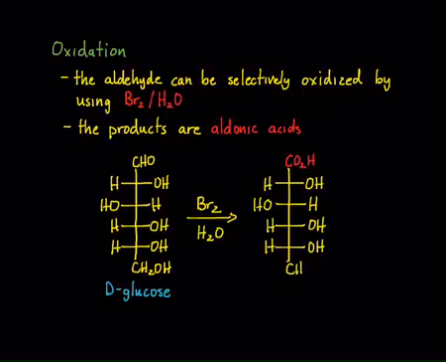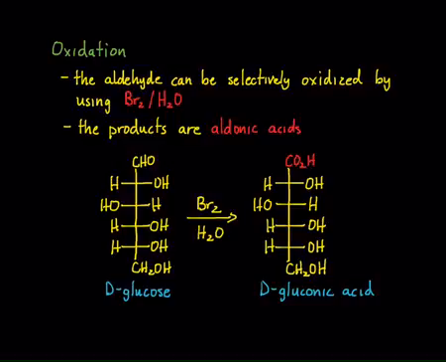Notice the aldehyde at the top is now a carboxylic acid, but all of the other alcohols remain unoxidized. And this is what we refer to as D-gluconic acid, right? So the aldonic acid, this is gluconic acid, where you have a carboxylic acid at the top and the rest of the sugar essentially remains the same.